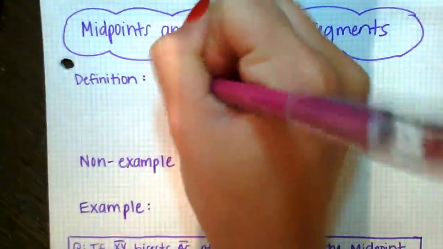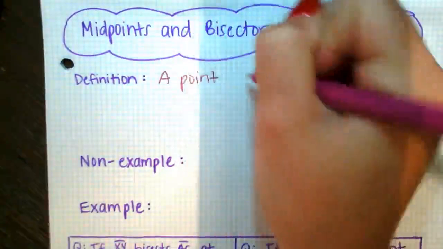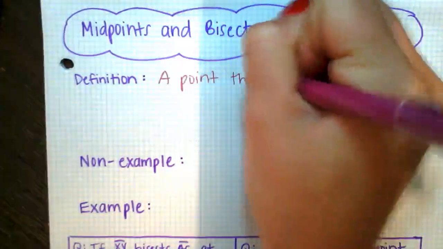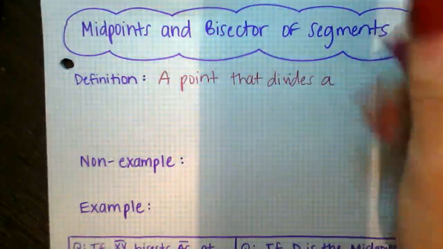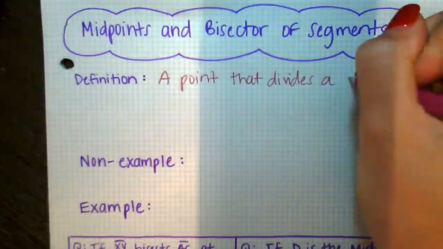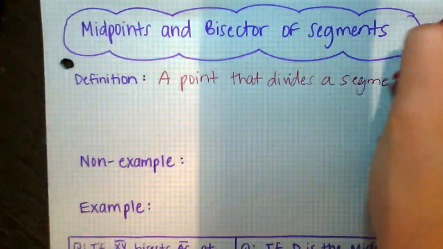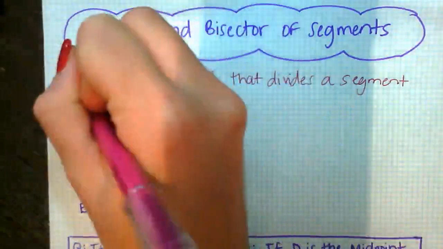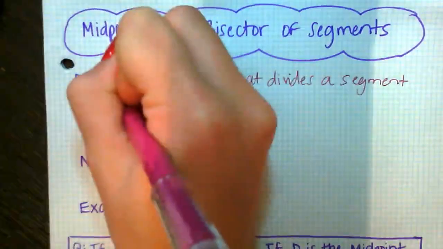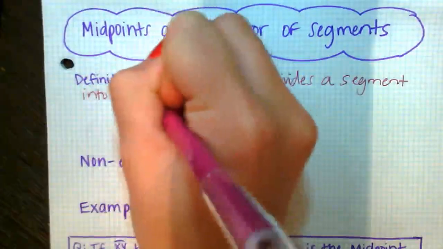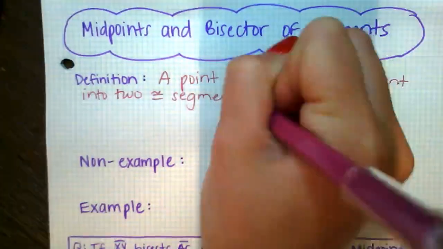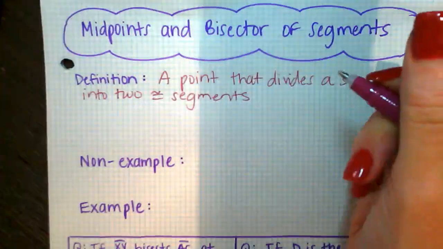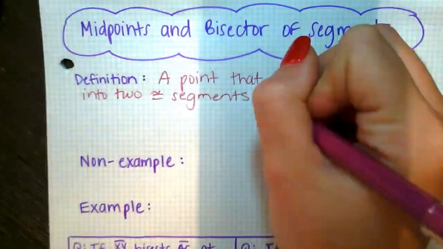So, a point that divides a segment into two congruent segments is referred to as a bisector.